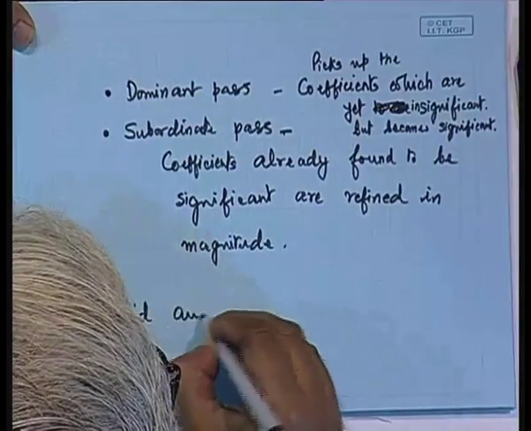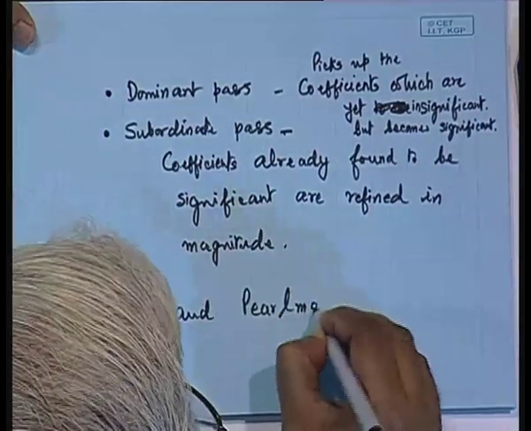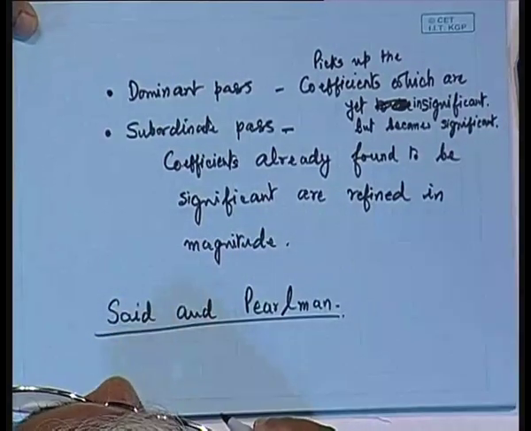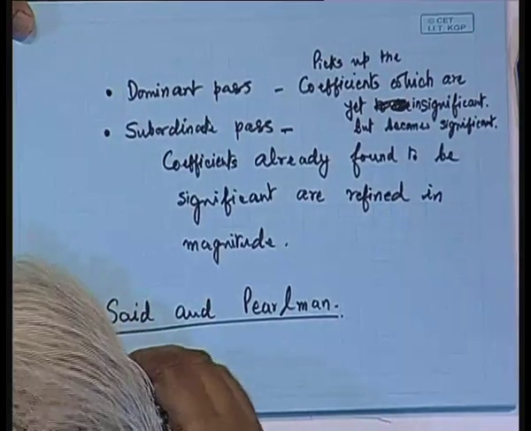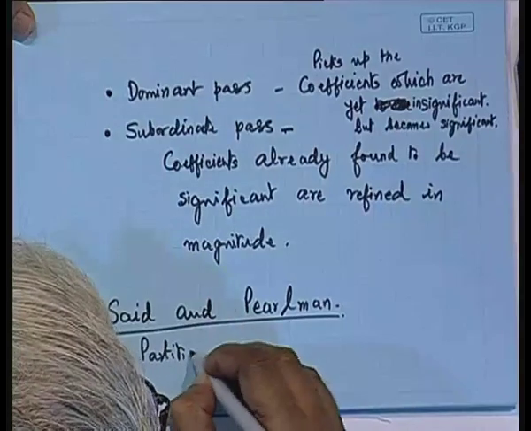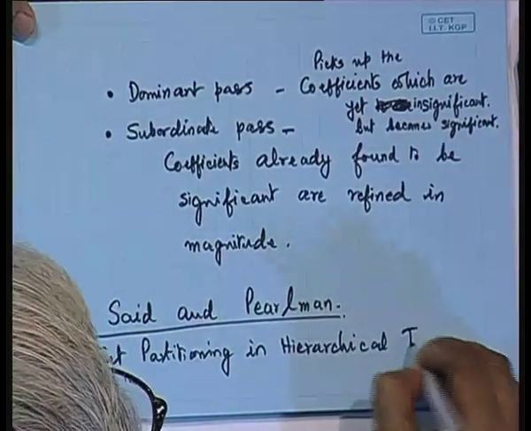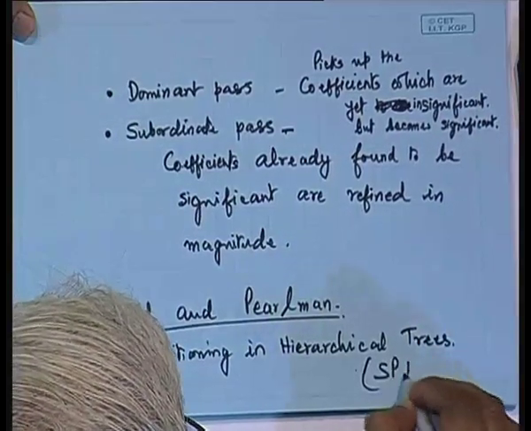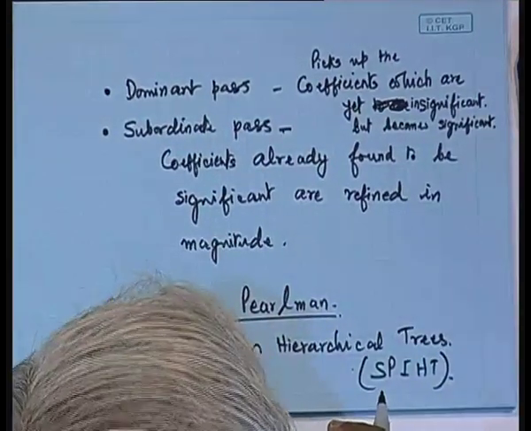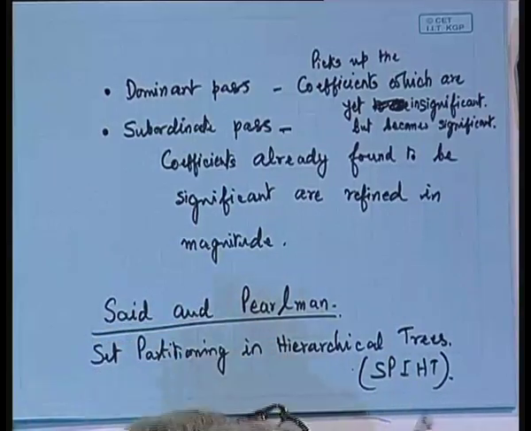So, subsequent to Shapiro's paper, as I told you in the reference itself, which was published in the year 1995, it was refined further by Said and Pearlman. They came up with a better scheme, which is called set partitioning in hierarchical trees, or SPIHT. And that was published in I think 96 or 97.